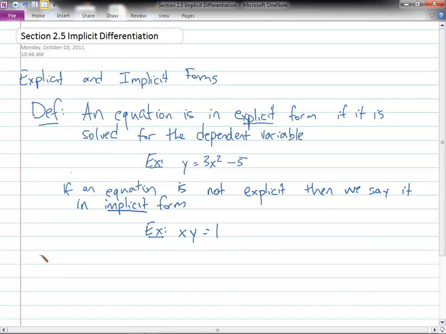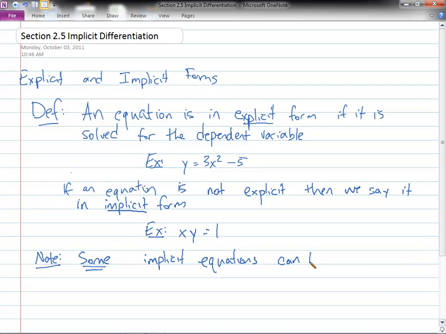And the important distinction to draw here is that sometimes some implicit equations can be converted to explicit form.